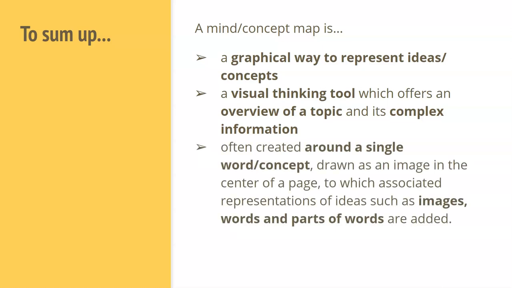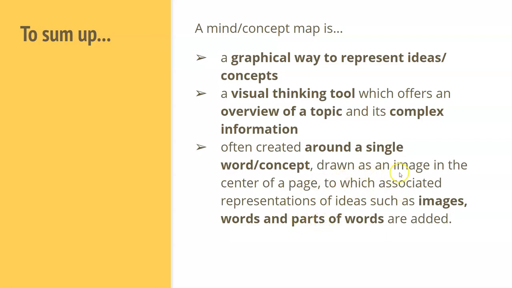And they're often created around a single word or concept, as you've seen. First of all, we had the word appearance, okay? And then we could create a mind map around it with different ideas, different associations that came to our mind, okay? Or the structure of the unit could be created about the central topic.